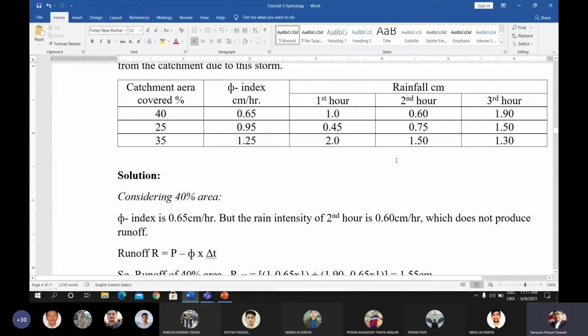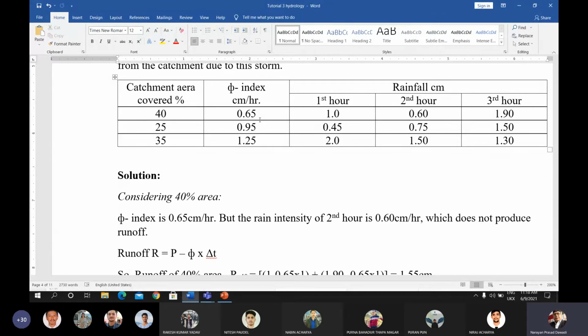Now look at the 40% area and its hourly distribution of rainfall intensity. Compare this rainfall intensity with the phi index. The rate of absorption is 0.65 centimeter per hour.